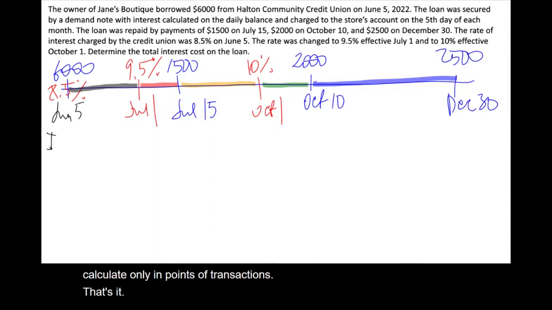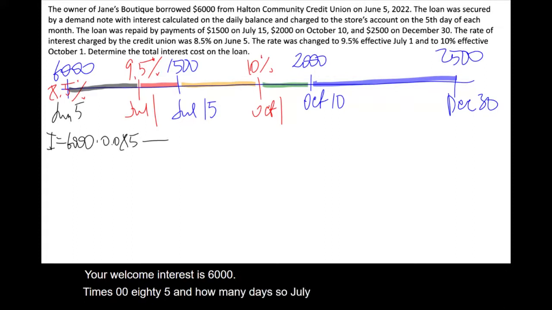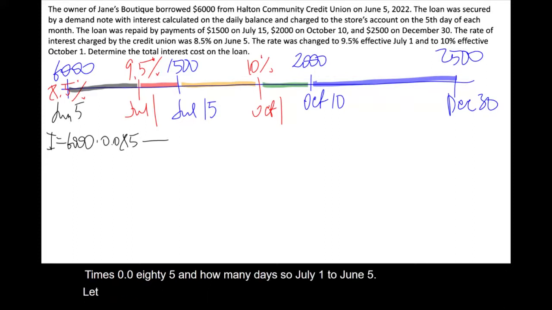You're welcome. Interest is 6,000 times 0.085, and how many days? July 1 and June 5.